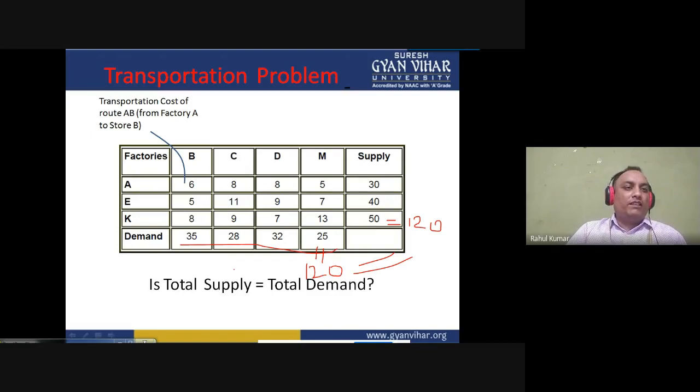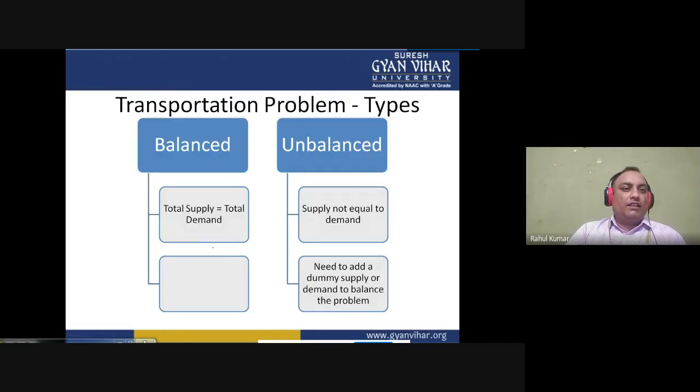So how to solve this problem? This is the differentiation of balanced and unbalanced transportation problems. If the total supply is equal to total demand, then the problem is balanced.